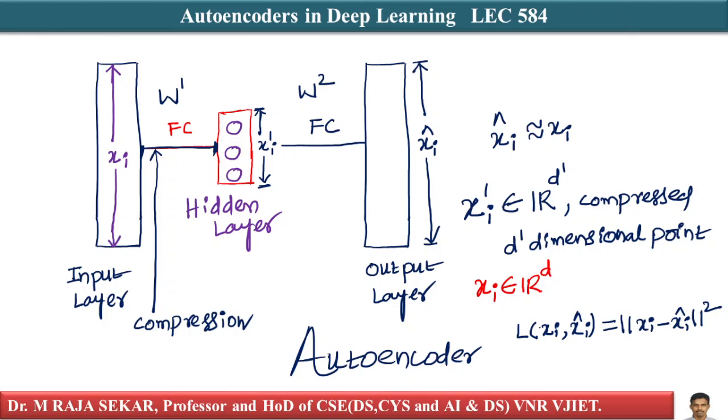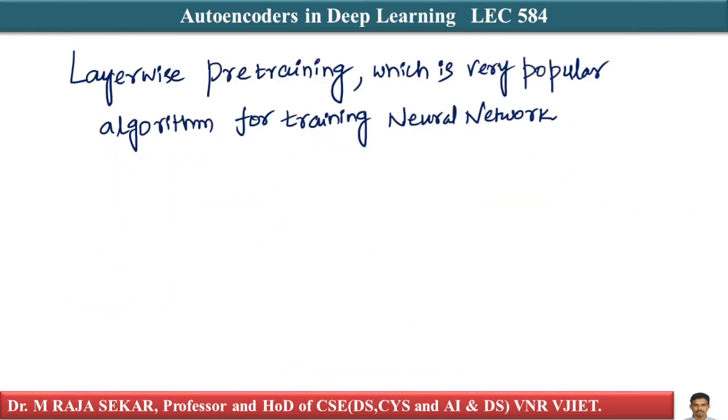Somewhere around 2010, when autoencoders became very popular, there were specialized training algorithms called layer wise pre-training, a very popular algorithm for training neural networks, not just autoencoders, in the early 2010s.